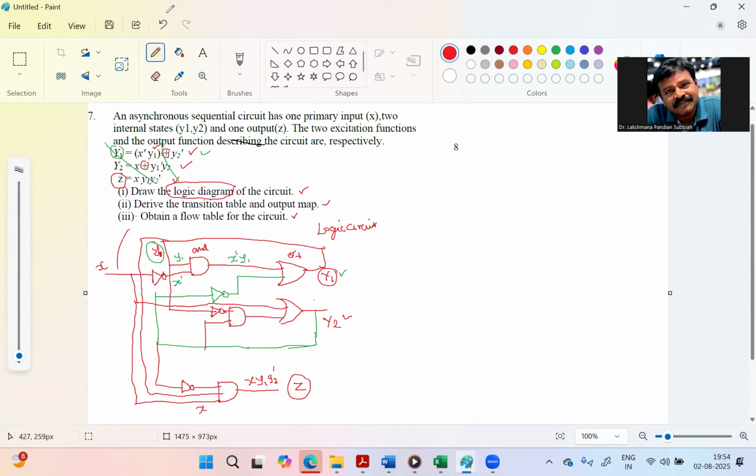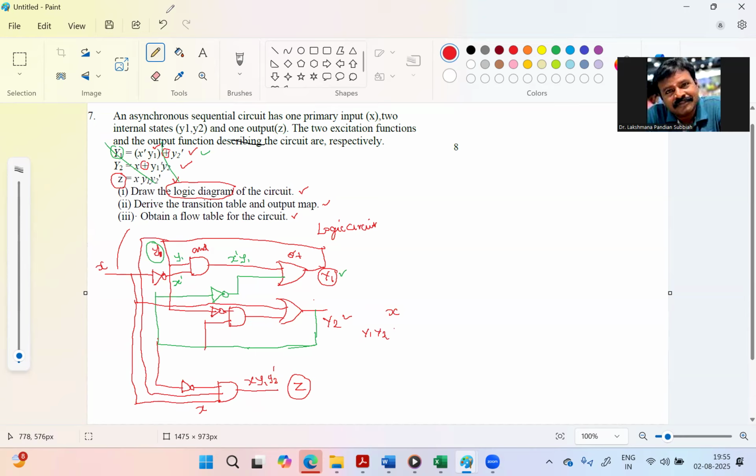Now we have to get the transition table, right? So now how do you get the transition table? Here we are having now that one as X. Here we are having Y. Here X, Y1 Y2 row wise, that is as a present state, and here input is X, right?